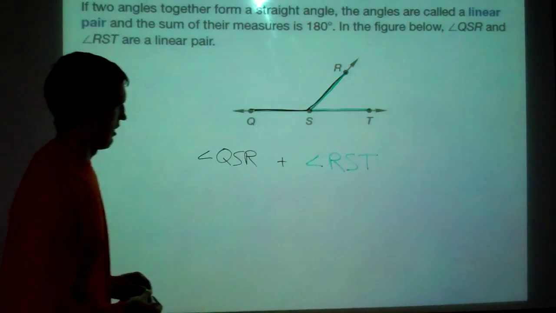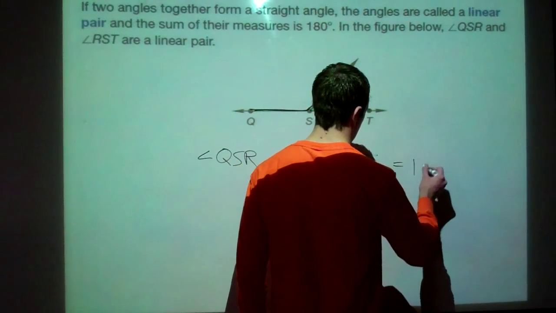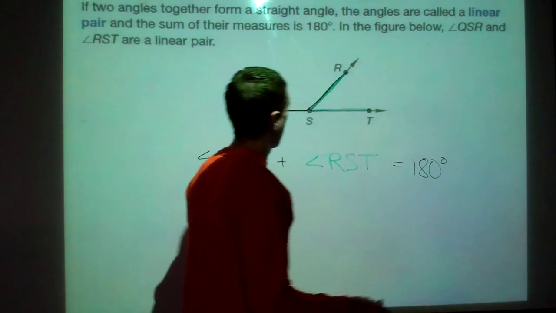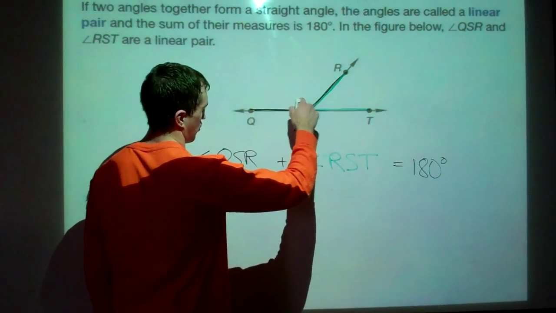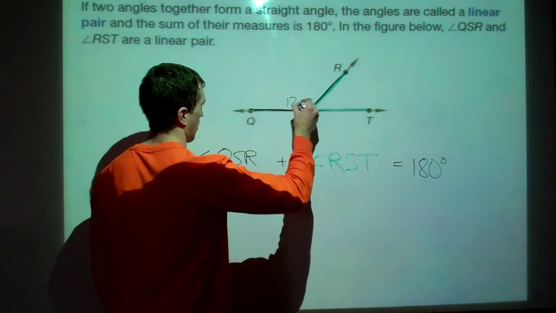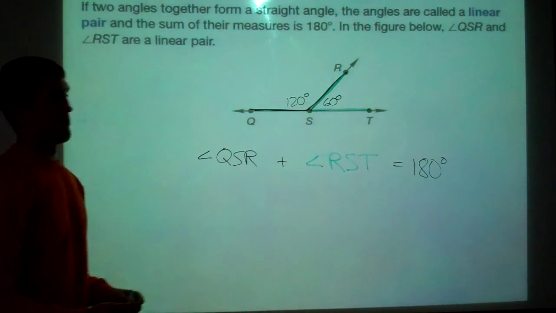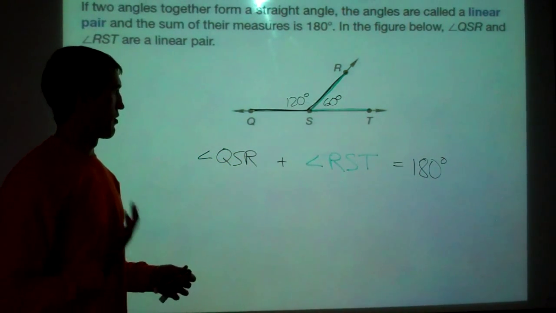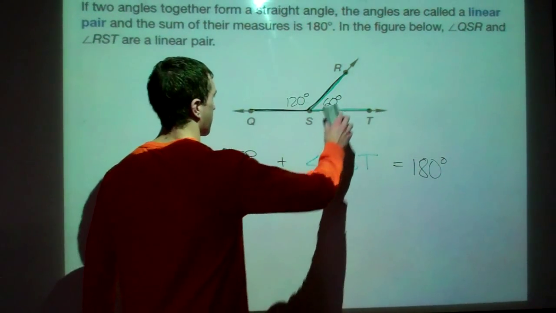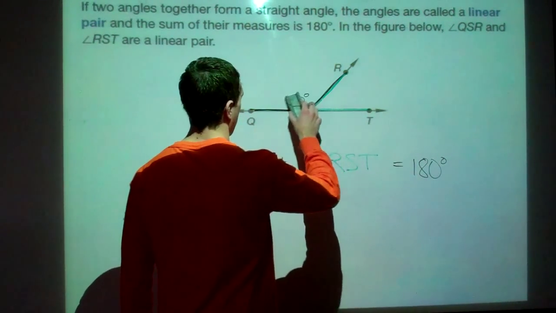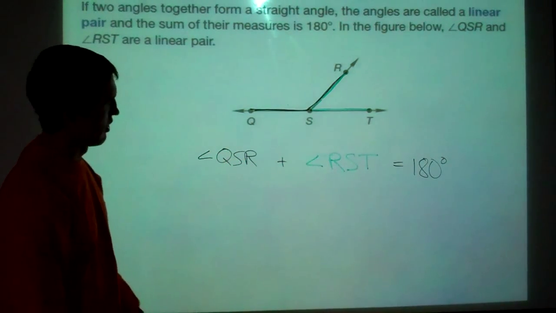Alright, can't really see that very well, but if we add those together, we should get 180 degrees. And the whole reason for that is because we have a straight line here. So these 2 have to add to 180. So if this was 120 degrees, this would have to be 60 degrees. I'm not saying that's what the angles are. No matter what they are though, they have to add up to 180. We'll be using that in the future quite a bit. In fact, we've used it on some of our warm-ups already.